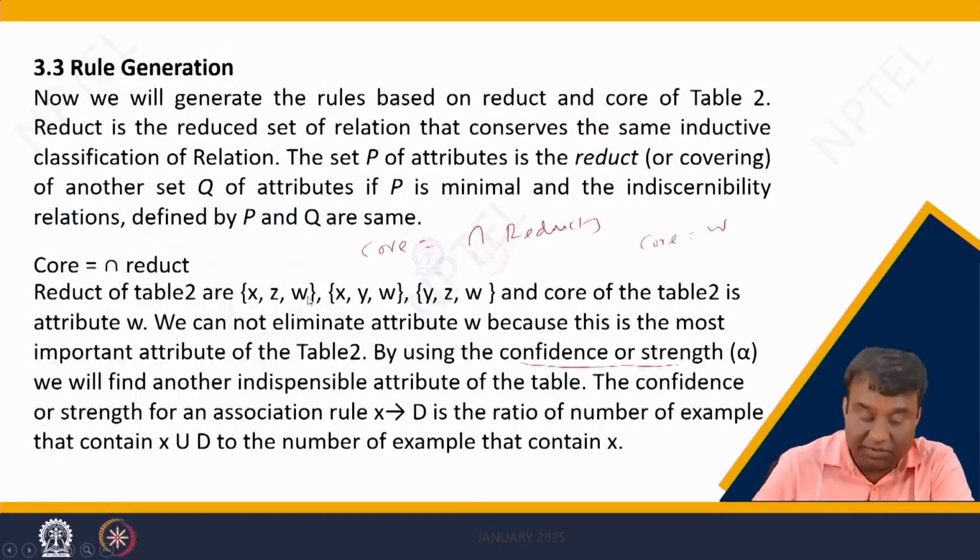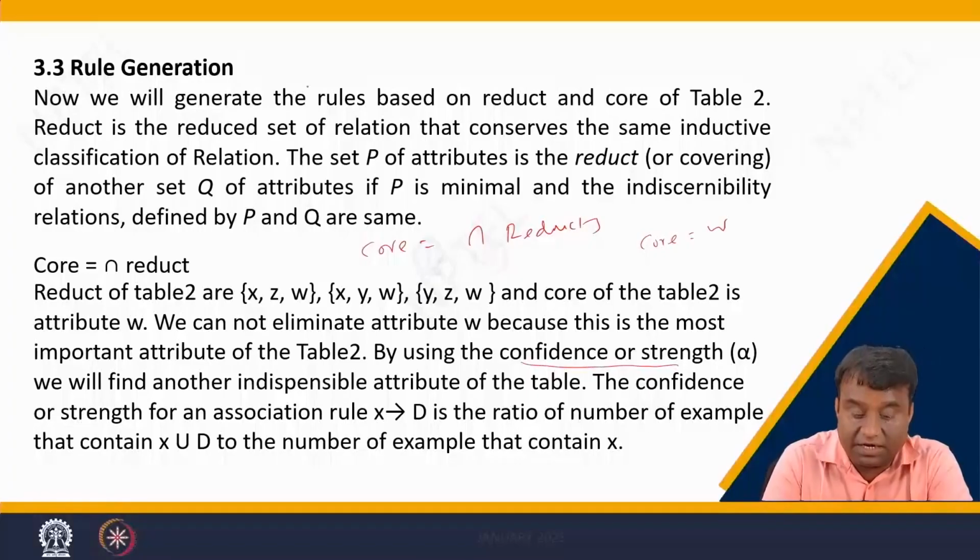Now from this table we will generate the rules based on the reduct and core on table 2. The reduct is the reduced set of relations that conserves the same indiscernibility classification of relations. The set P of attributes is the reduct or covering of another set Q of attributes if P is minimal and the indiscernibility relations defined by P and Q are the same.